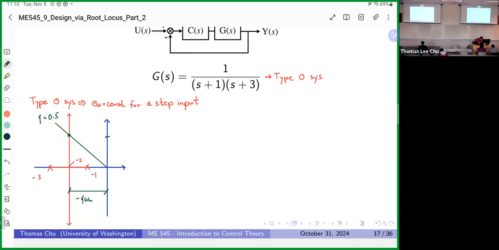To do that, we also need the height information, where the height is going to be omega n times the square root of 1 minus zeta squared.